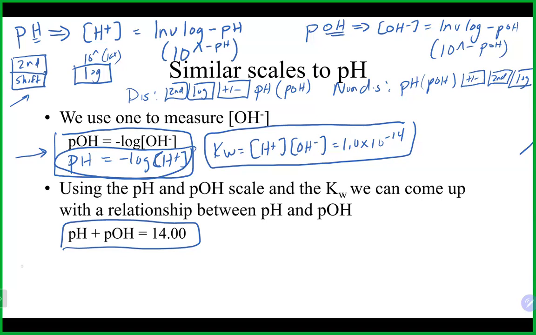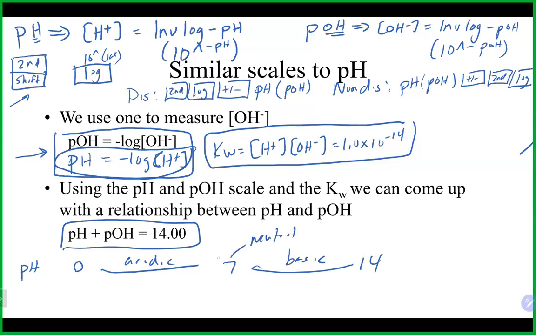And once again, the pH scale runs from 0 to 7 to 14, where this is basic, this is acidic, and this is neutral. And the reason why you shouldn't use the POH scale is because it is actually opposite.